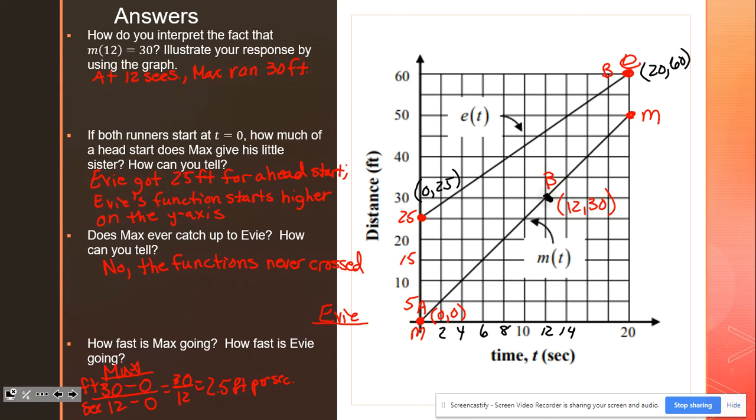Again, we'll call this point B and this point A. F of B, which would be 60, minus f of A, which is 25, over B, which is 20, minus A, which is 0. 60 minus 25 is equal to 35, and 20 minus 0 is equal to 20. We do that, and we end up with 1.8 feet per second. So Evie is going slower, but in this graph, Max never catches her.